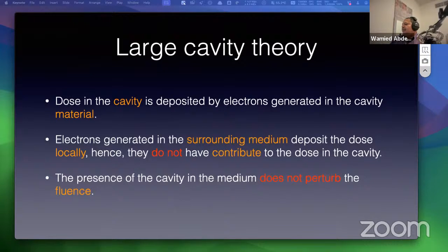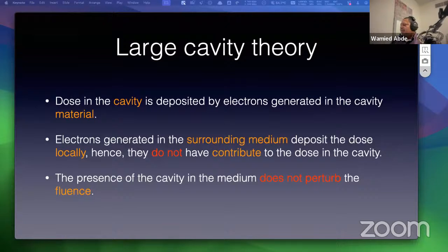Now we go to the other extreme. So the small cavity theory, remember, no charged particles are created in the cavity except the secondary electrons. And the dose deposited in the cavity is actually produced by charged particles produced in the medium or coming from the surrounding medium. Now, the large cavity theory is completely the opposite extreme.